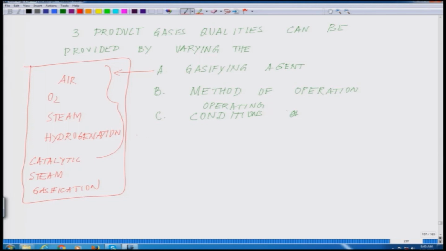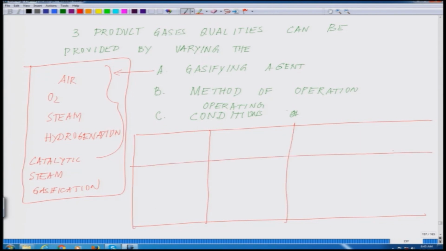and what you get out of this is three classes of product with different calorific value. One is low calorific value, CV standing for calorific value. You get medium calorific value and you get high calorific value products.